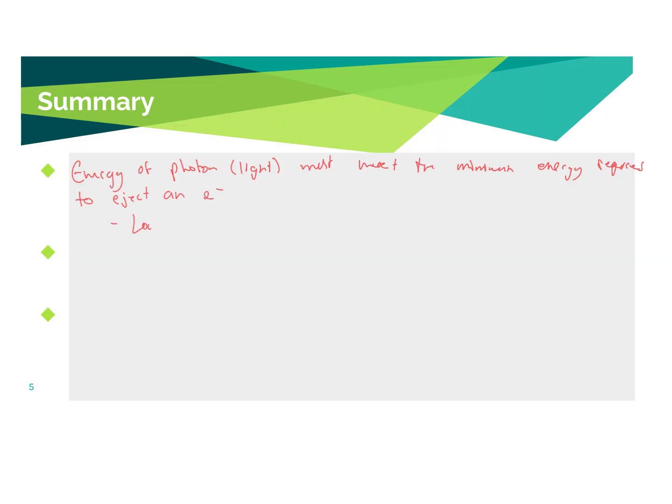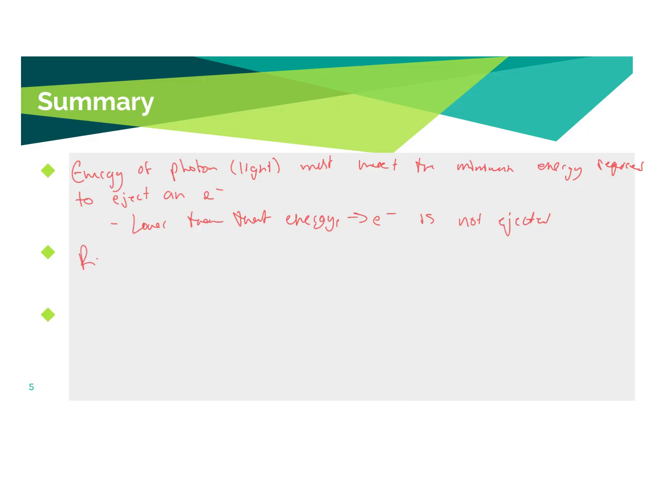If you are lower than that energy, then the electron is not ejected. In other words, the light just bounces off, or it might be absorbed, but you don't get any electron being emitted.